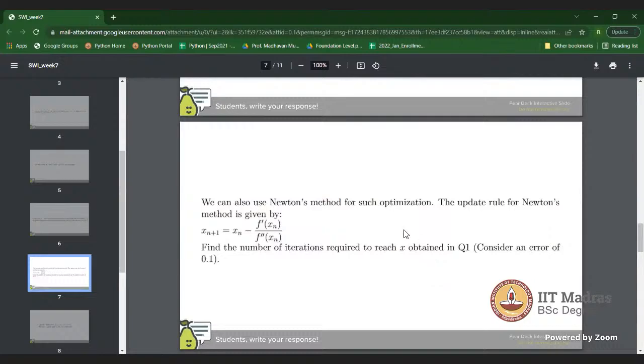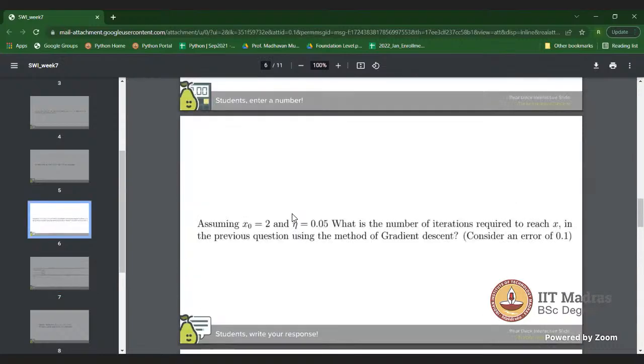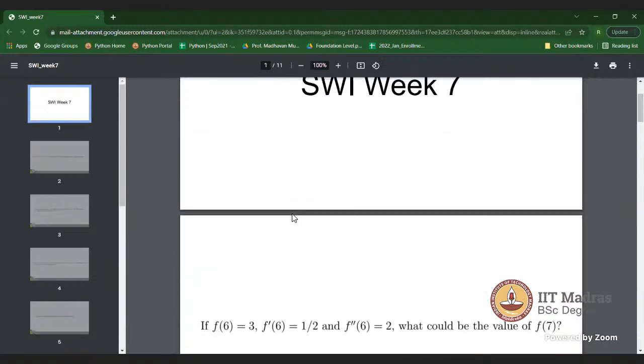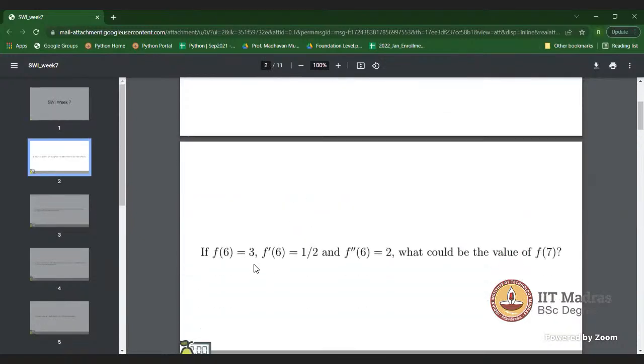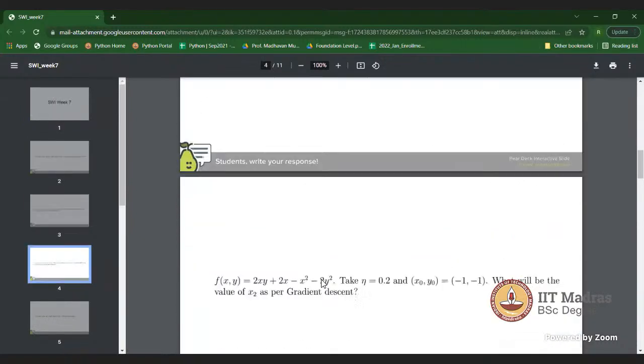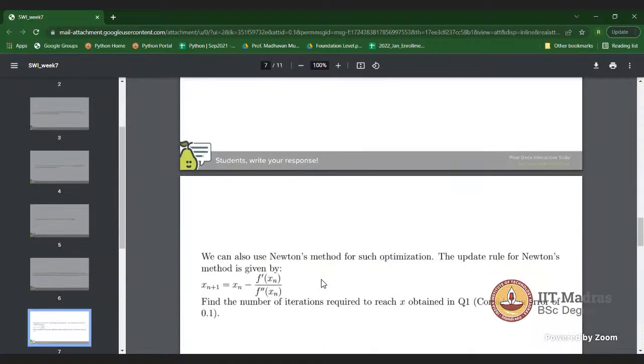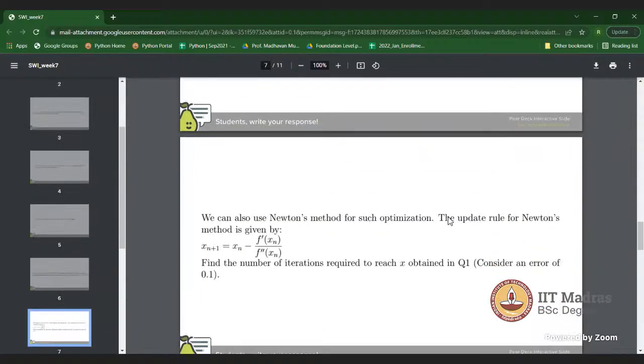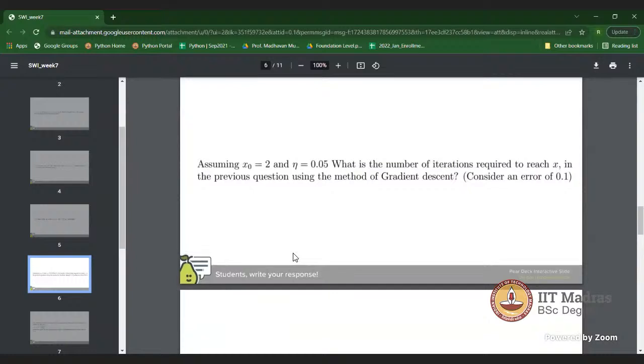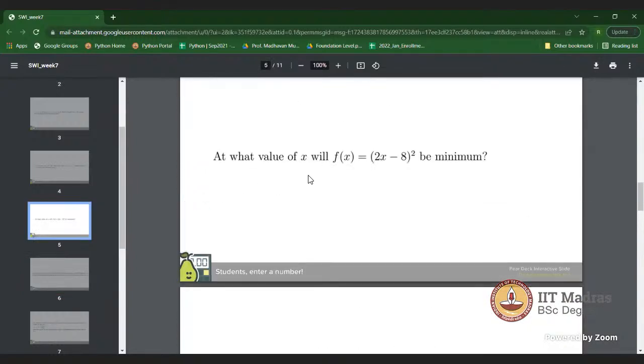Now the same problem that was mentioned in Q1, using another method. This was for the previous problem, f of x as 2x minus 8 whole square.